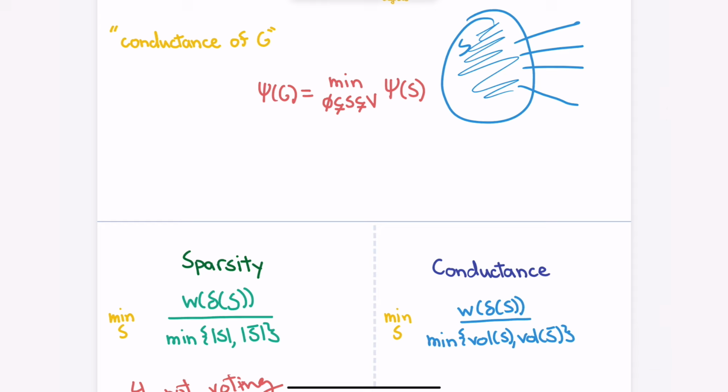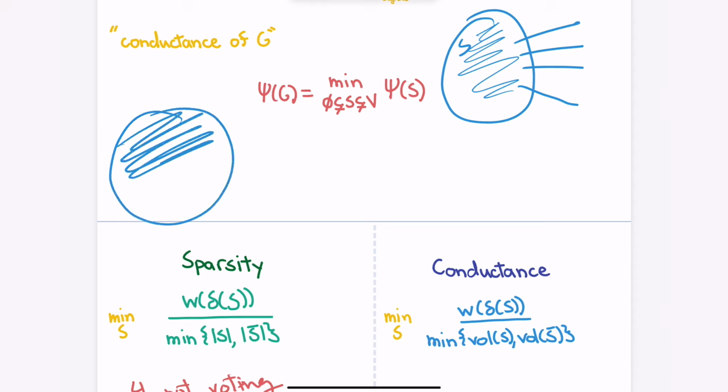So if a graph had very low conductance, you should think of a very dense set with a very small number of edges leaving it, right? That would be a very low conductance cut. And if you imagine doing a random walk, every time you're about to leave, you have all this volume on the inside pulling you away.